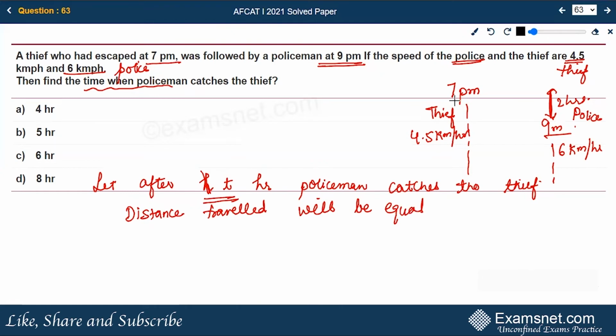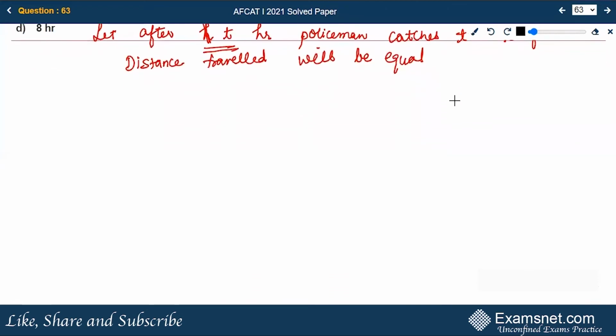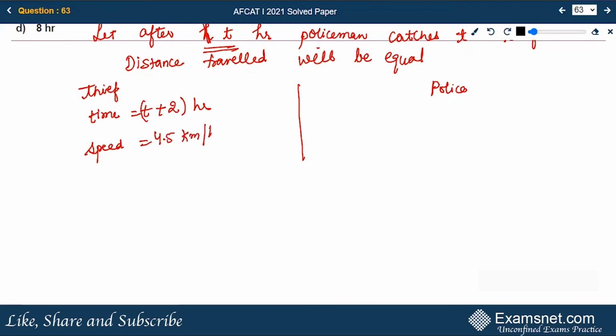The time taken for the policeman to catch the thief was t. So the thief started 2 hours earlier. Let's write down the two columns, one for the thief and one for the police. For the thief, the time is t plus 2 hours, and the speed was 4.5 kilometer per hour. For the police, the time we assumed to be t hours, and the speed was 6 kilometers per hour.